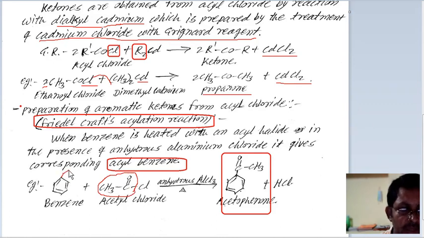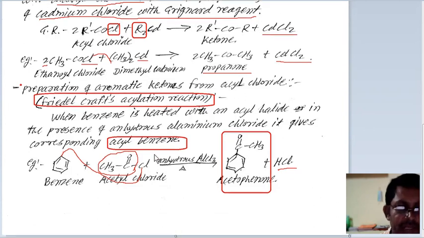The removed hydrogen atom combines with the chlorine atom, giving the byproduct HCl. The remaining CH3CO is bonded directly to the carbon of the benzene ring. Then we get acetophenone.